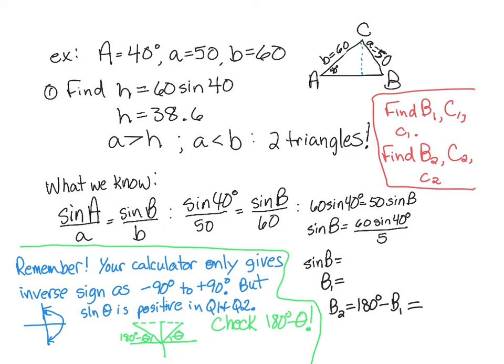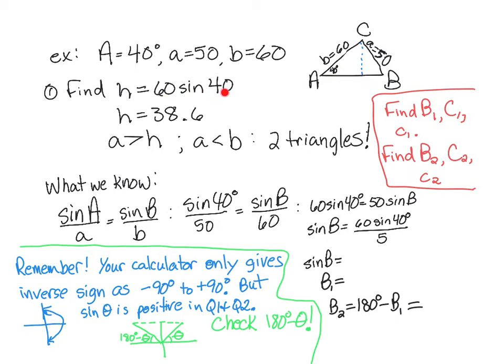So let's put this into practice. All right, in this example, we know that A is 40. We have the adjacent side is 60, and the opposite side is 50. So it's smaller than the adjacent side. So I want to find how high my triangle is. Well, that's a right triangle, right? So this is opposite. The opposite over the hypotenuse is the sine.